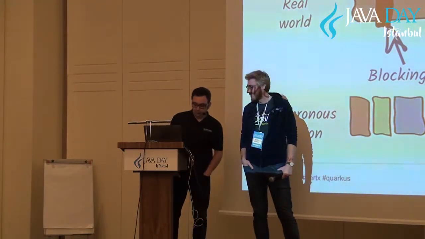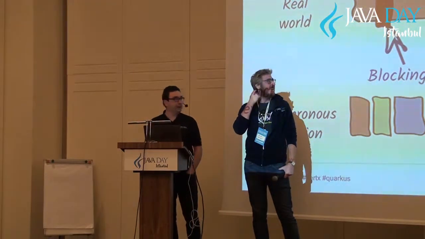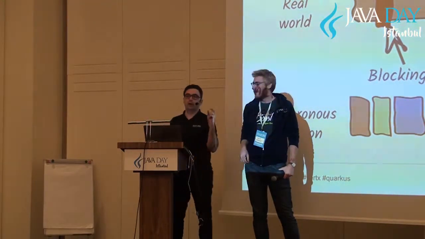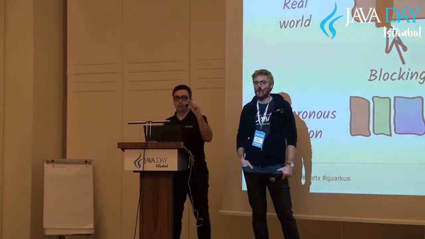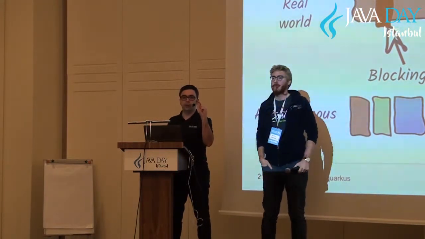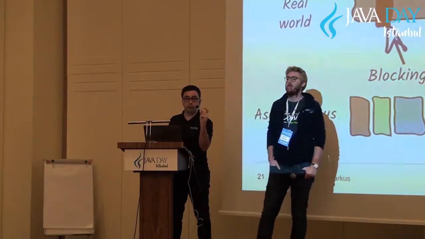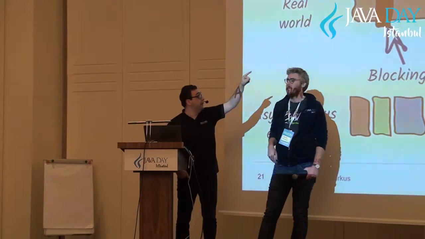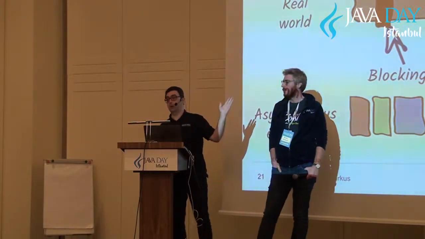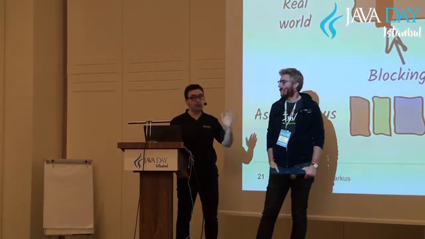So the asynchronous execution model is a little bit different. As soon as a task cannot make progress, it relies on non-blocking I/O. So the thread is released immediately and can be reused to handle another task. So instead of having tasks A, B, C in sequence, we start A, it cannot make progress. So we start B, it cannot make progress.